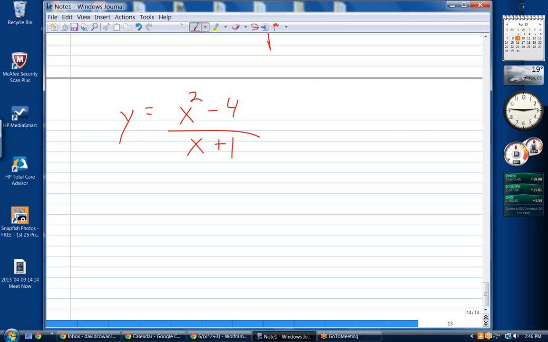So to graph this, the very first step is to do that long division. Surprised they're having you do that. This is rather tough. They continue to have difficult ones below this.